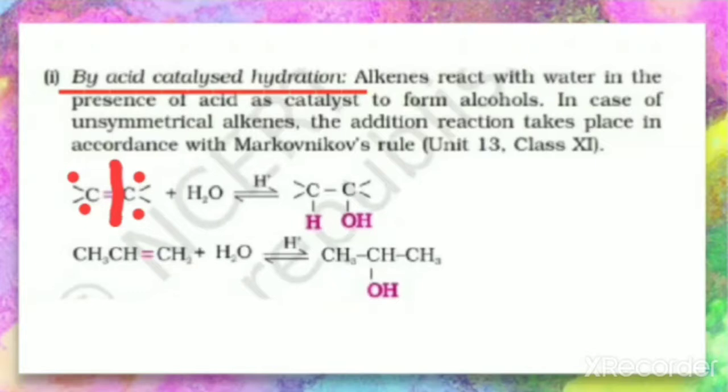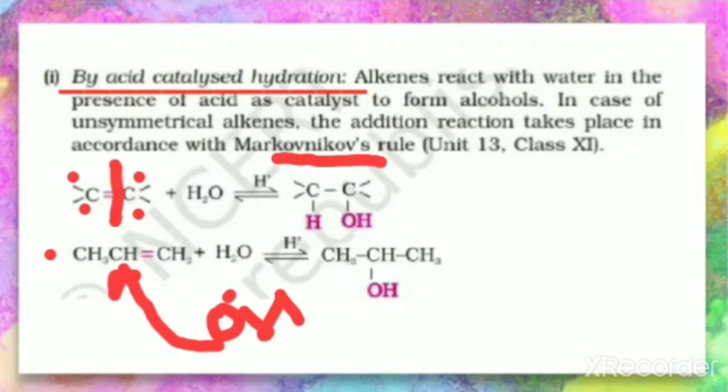But in the case of an unsymmetrical alkene, like one of the examples given here, propene, the addition of water, that means H plus and OH minus, should be done on the basis of the Markovnikov rule. The Markovnikov rule says that the negative part gets attached to the carbon atom which has fewer hydrogen atoms.